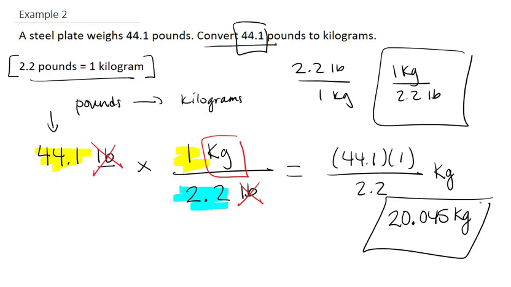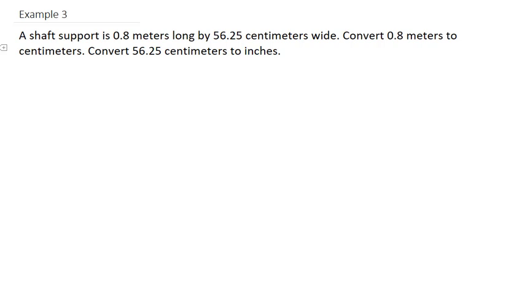Let's do one final example. Example 3. A shaft support is 0.8 meters long by 56.25 centimeters wide. Convert 0.8 meters to centimeters, and then convert 56.25 centimeters to inches.